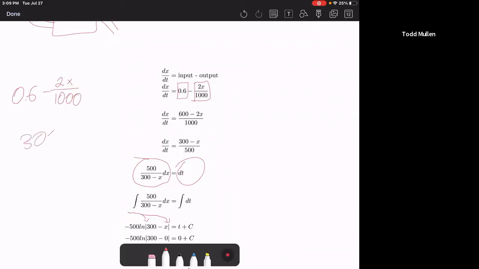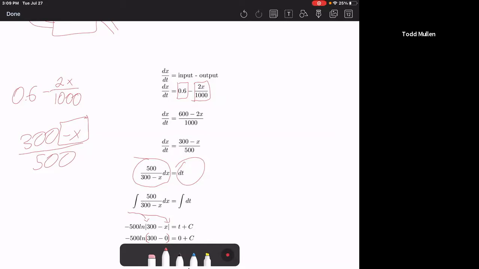So 300 minus x over 500. But we know that there is always going to be more salt coming in than going out. So that means that this number always must be positive, which means that x can be no greater than 300. So because of that, we can turn these absolute value signs into just brackets.